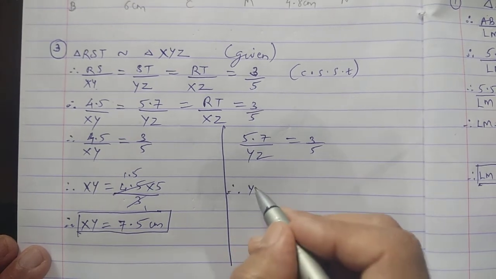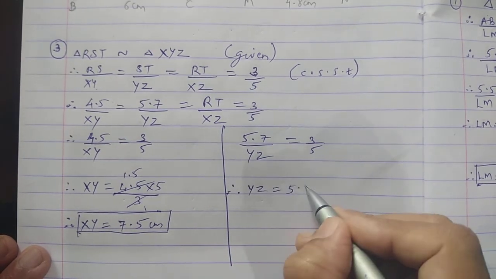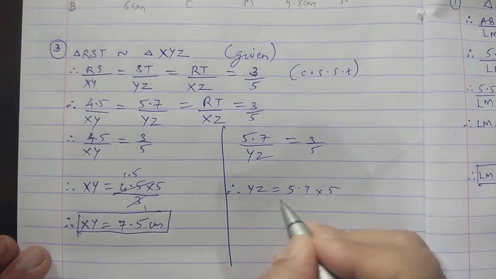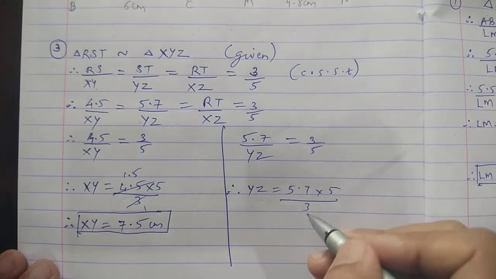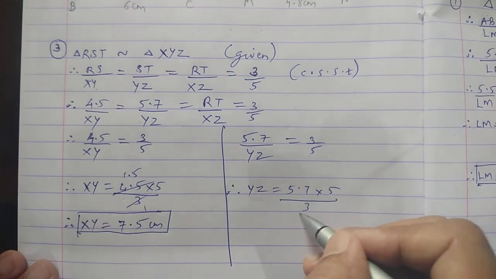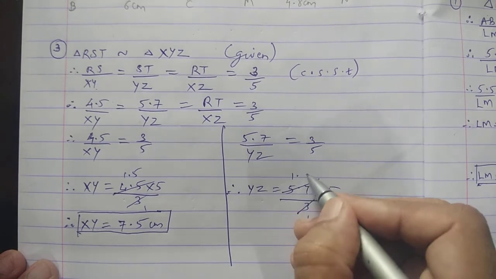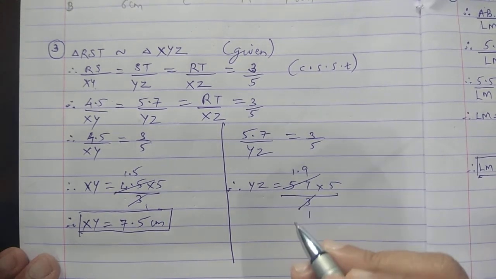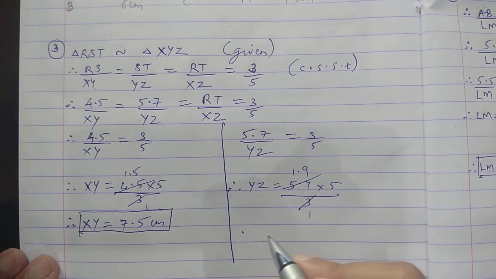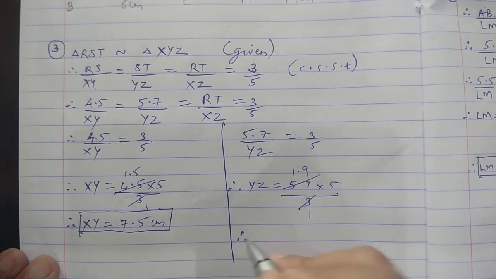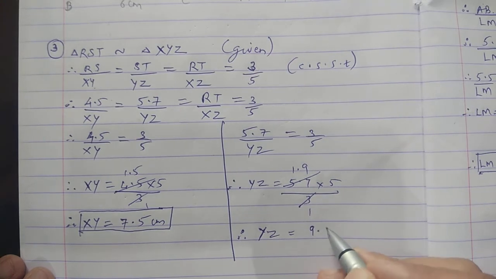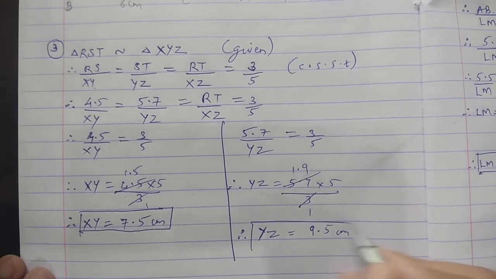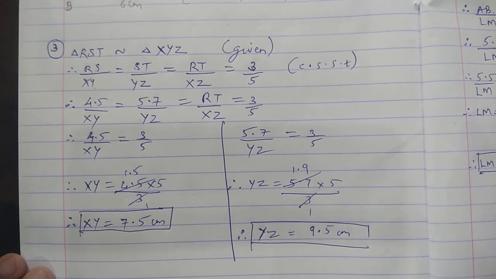Cross multiply second ratio: YZ equal to 5.7 into 5 upon 3. So reduce this now. So 5.7 will go by 3 to 1.9. So therefore YZ equal to 1.9 into 5. 19 5s are how much? 95, no? So it will be 9.5 centimeter.